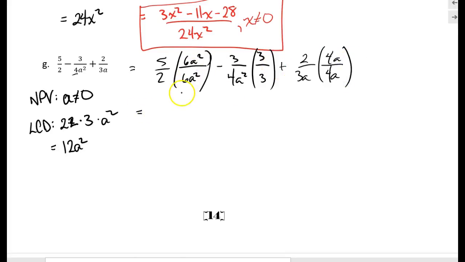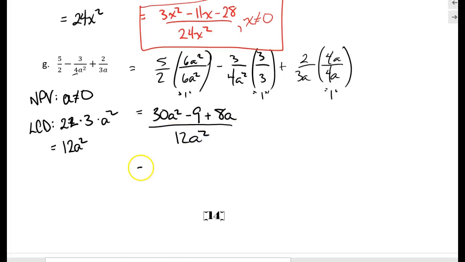The reason we're allowed to do that is because each of them is technically 1. And 1 multiplied by anything is itself. So again, creating those equivalent fractions. So I've got 30a squared minus 9 plus 8a over 12a squared.